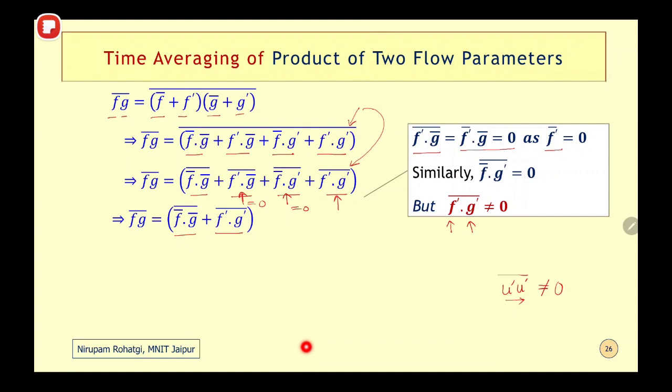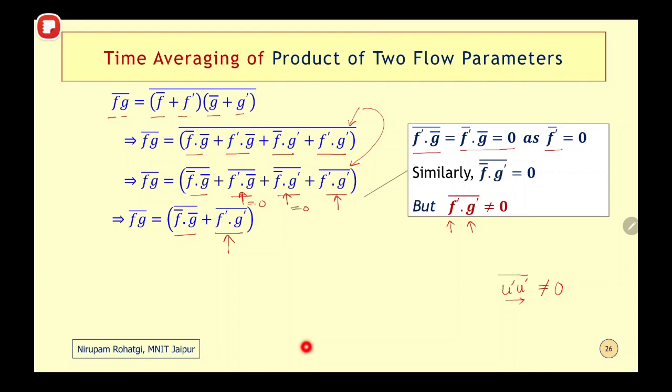Now this is the actual problem, because you are doing averaging after multiplication, and you get this additional term. On the left side you have 2 variables, on the right side you have 4 variables, so you have 2 additional.